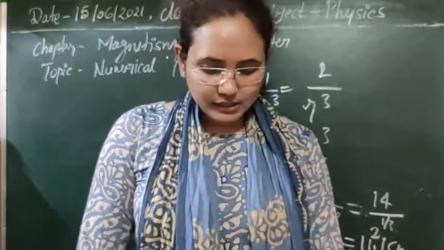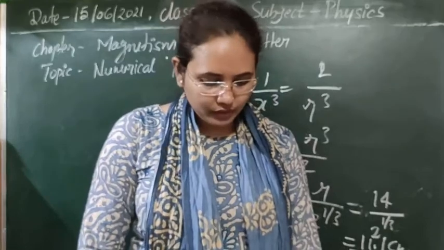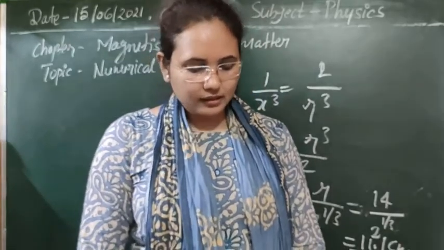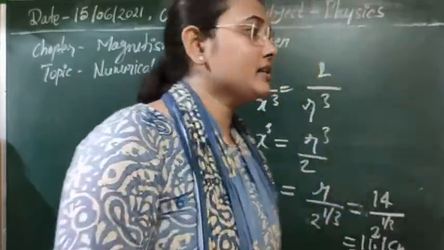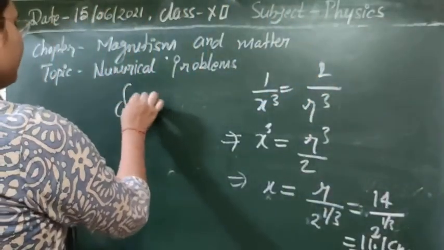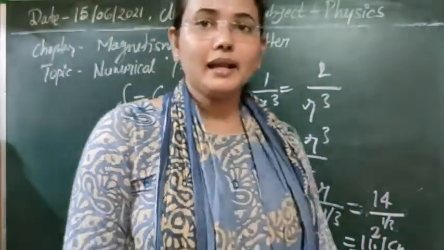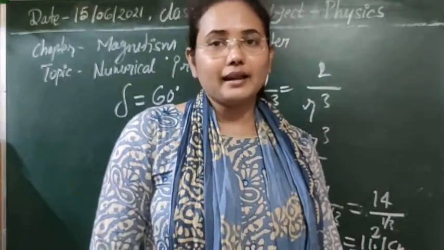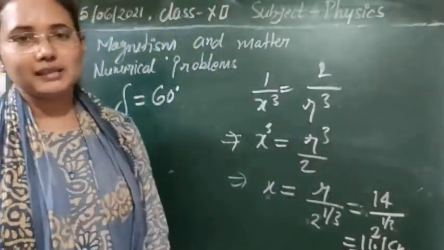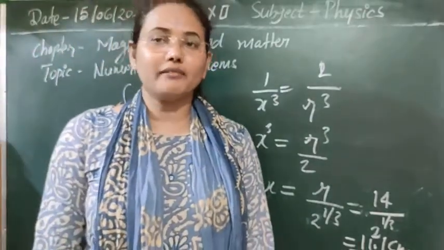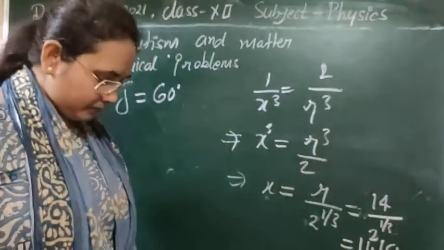And now it is given that we have the angle of dip, delta, that is given as 60 degree, meaning the angle of the total net magnetic field at any point with the horizontal direction of the meridian is exactly equal to 60 degrees. As I have told you already about earth elements and we have discussed before, here the value of delta is given to us, that is 60.